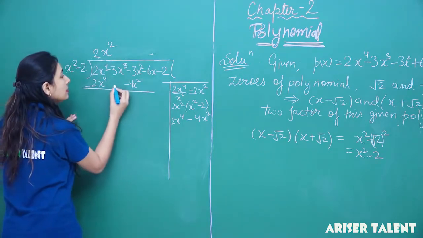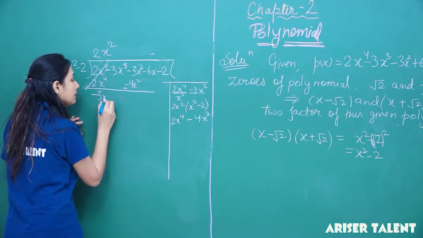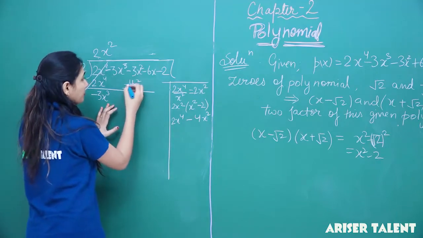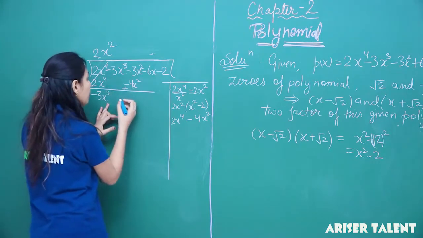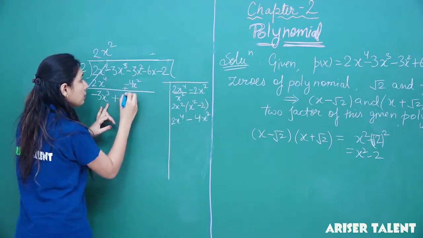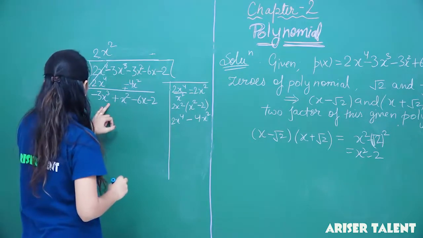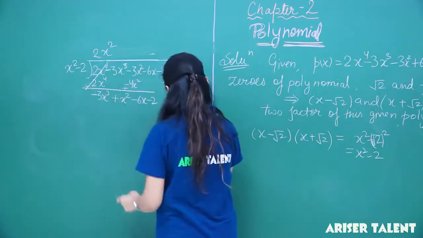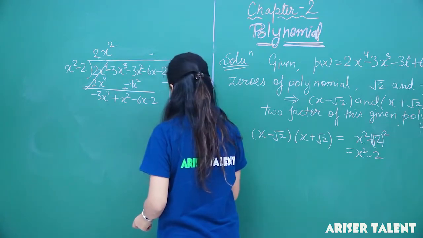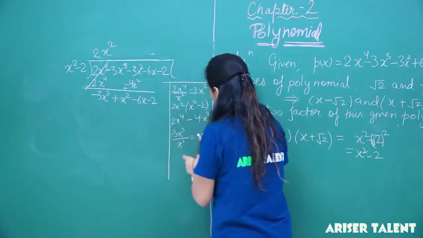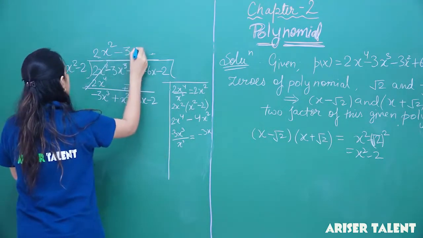Now, change the signs. It will cancel out, minus 3x cube as it is. Now, minus 3x square and plus 4x square will give you plus x square, minus 6x and minus 2 as it is. Okay. Now, for the second one, we have to divide minus 3x cube by x square, and that will give you minus of 3x. So, write minus of 3x here.